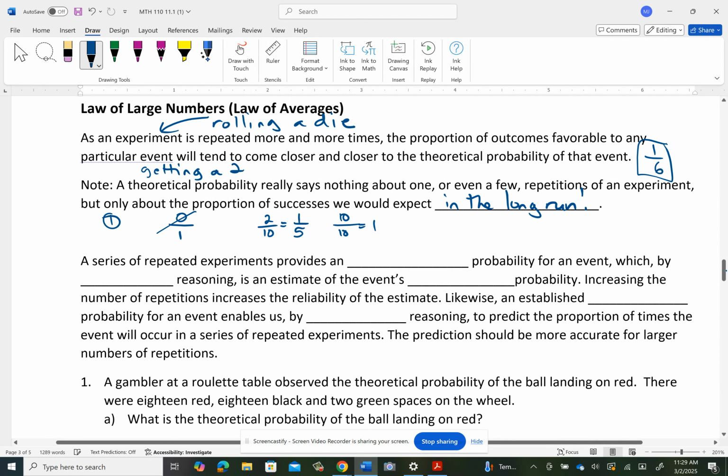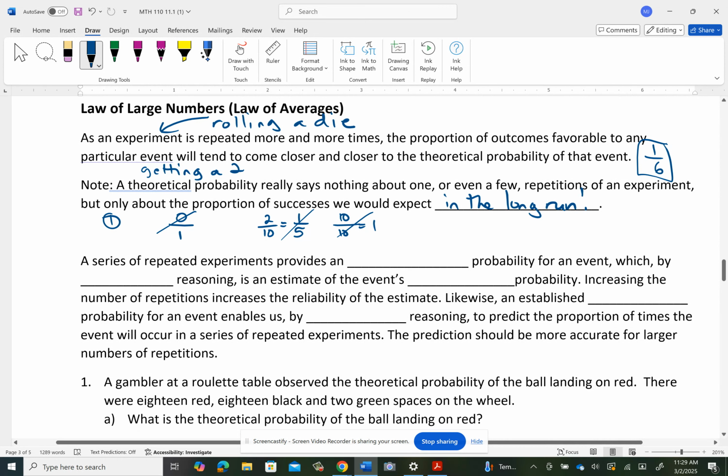So the actual probability you got for a certain number of times you did an experiment might not equal the theoretical probability. What that theoretical probability is really saying is that if you rolled the die millions and millions of times and looked at the probability, it would be approaching 1/6.